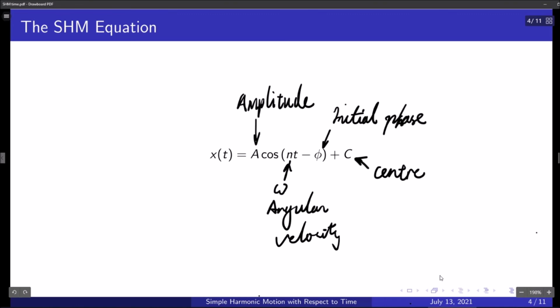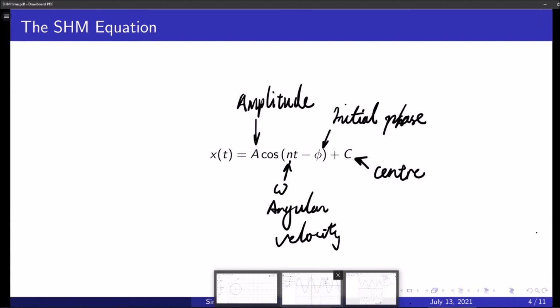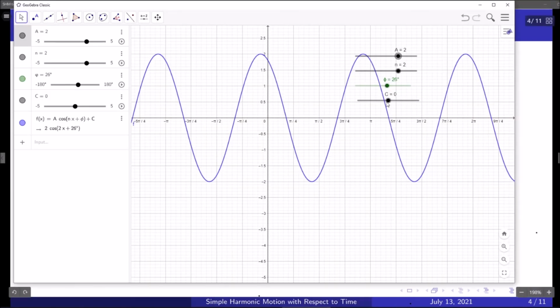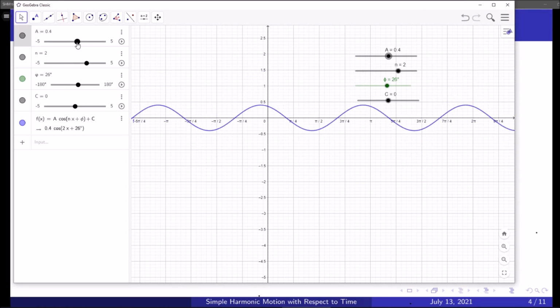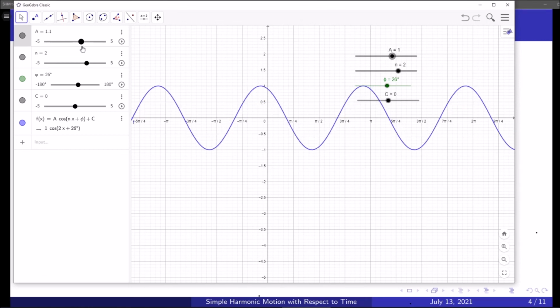Okay. So if we look at this function in some detail in this GeoGebra file I prepared earlier, as you can see, we vary A, the amplitude changes: smaller A, lower peaks, shallower troughs, and so on.